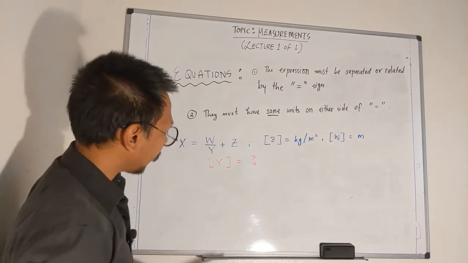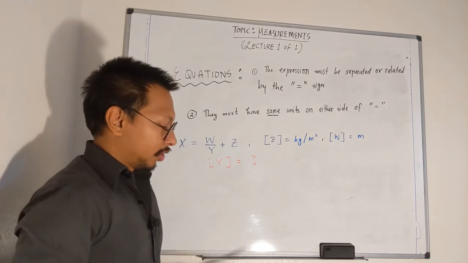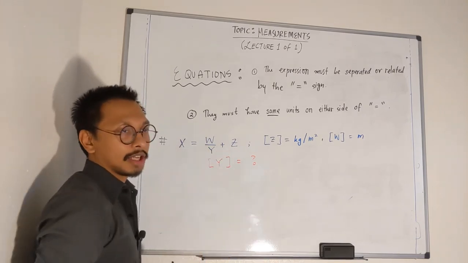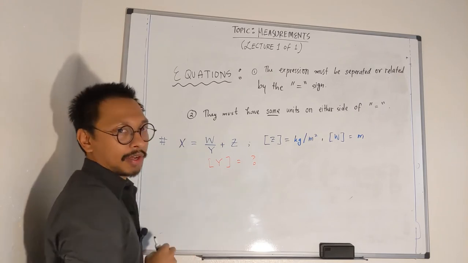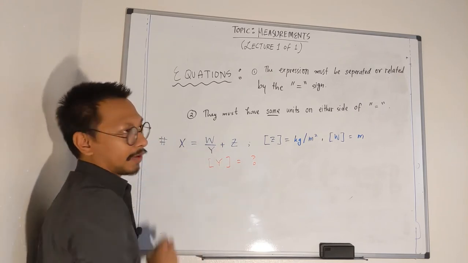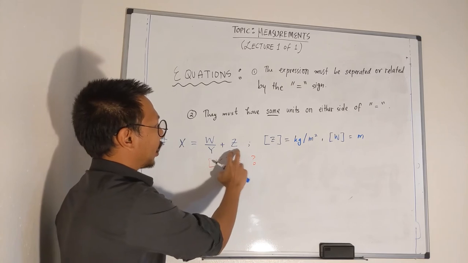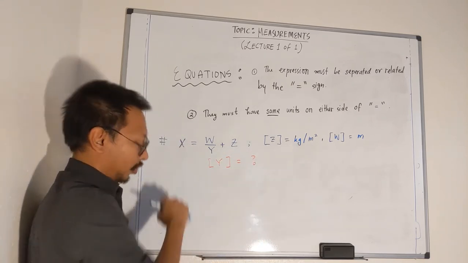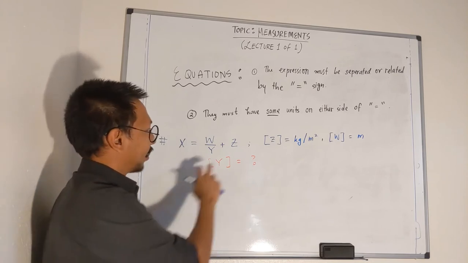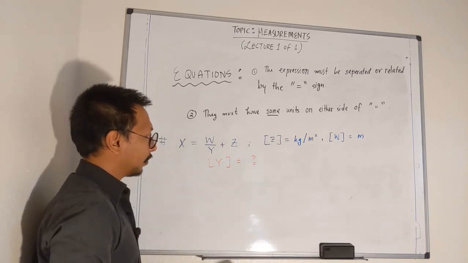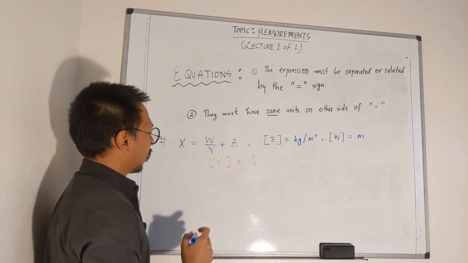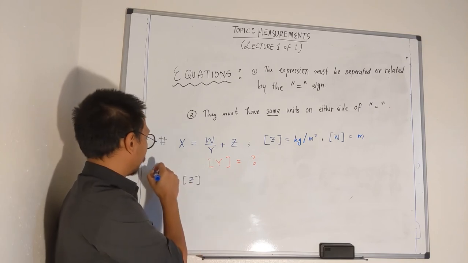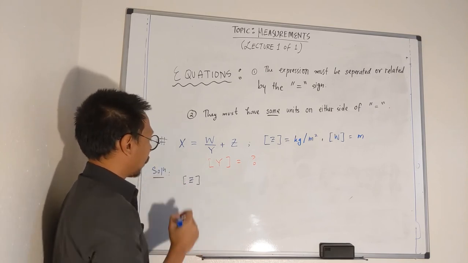Okay, let's see. So first of all, z, as I mentioned, must have the units of x. w over y must have the units of x. So we know that z is measured in kilograms per meter squared. That means x must also be measured in kilograms per meter squared. Okay? So we can write down dimension of z. This is my solution.